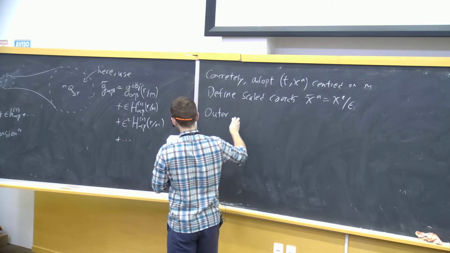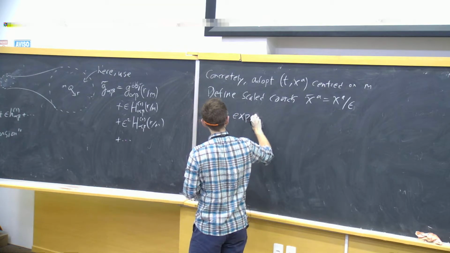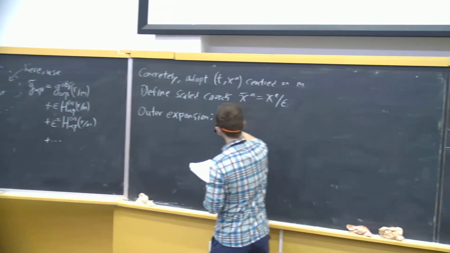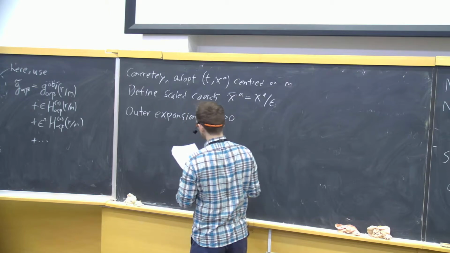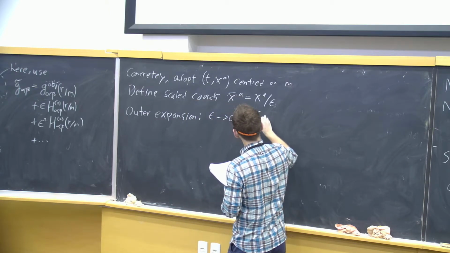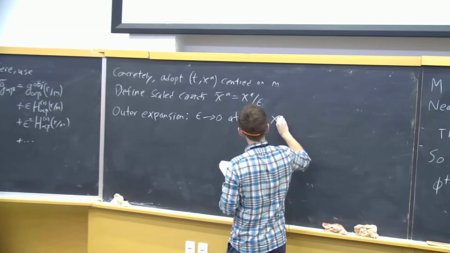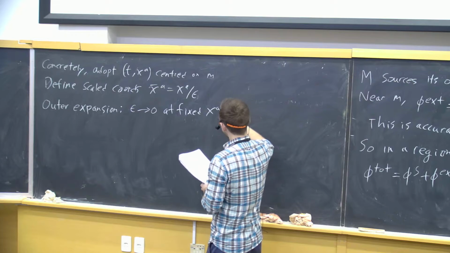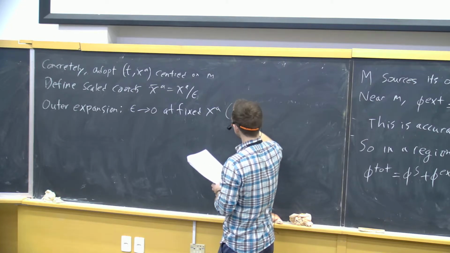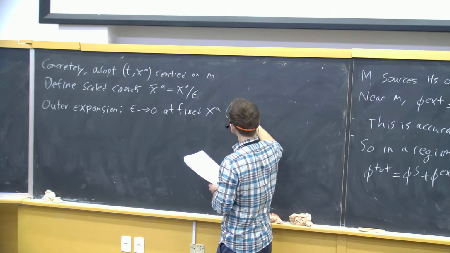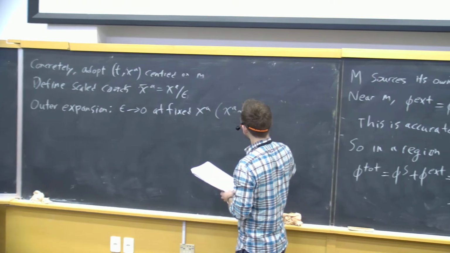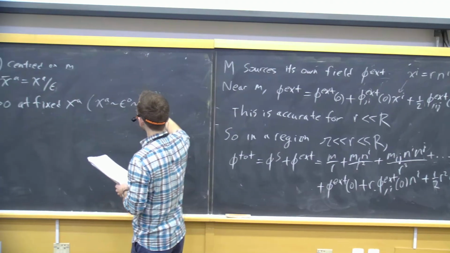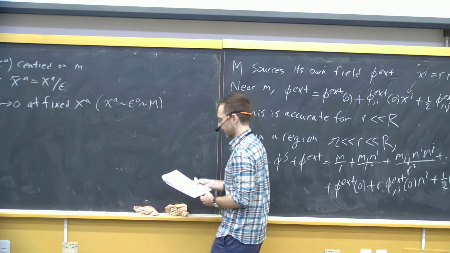Now in these coordinates, the outer expansion is an expansion in the limit epsilon goes to 0 at fixed x^a. So thinking kind of physically, that means that x^a is of order epsilon to the 0. It's an order 1 quantity that we're not sending to 0. Or we can also think of that as being the scale of the big black hole.